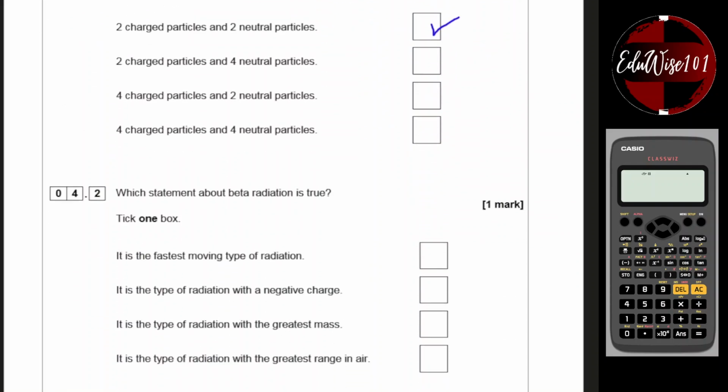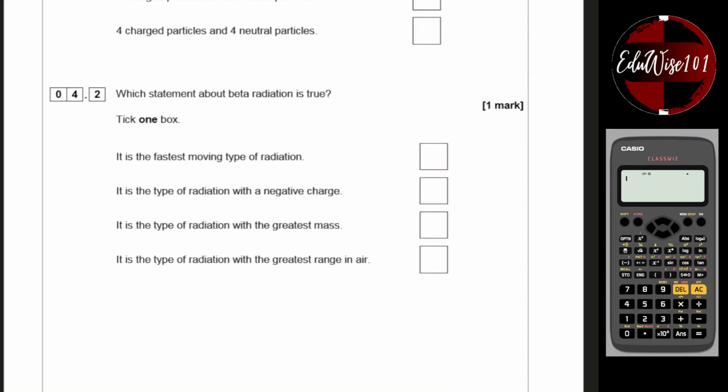4.2. Which statement about beta radiation is true? Now, beta radiation, right? The description for beta radiation or beta minus is a fast moving electron.